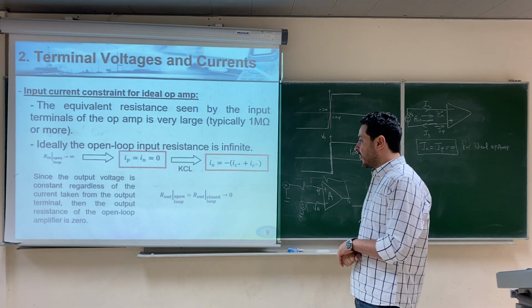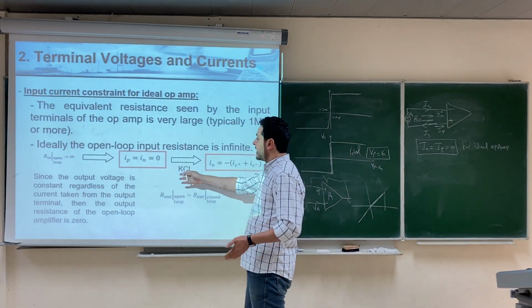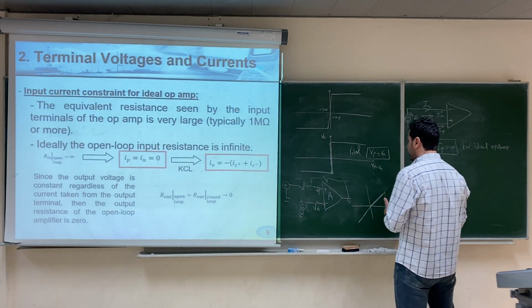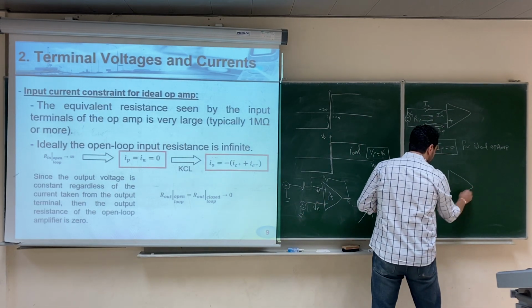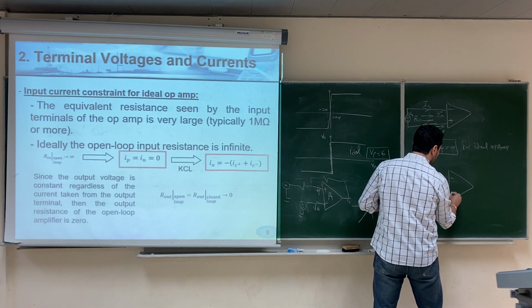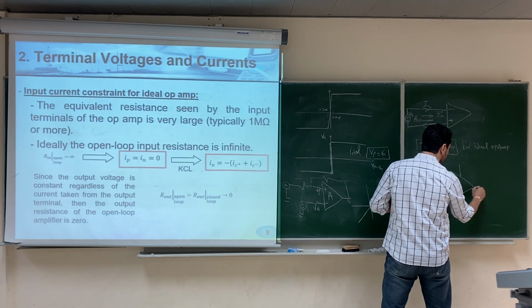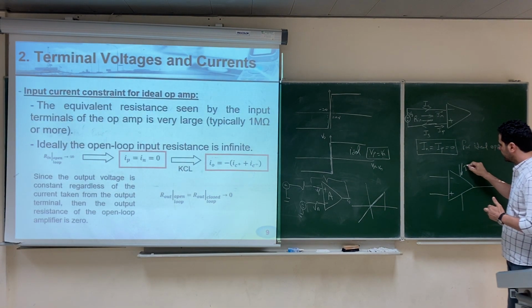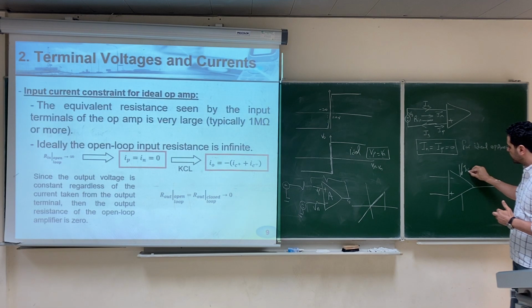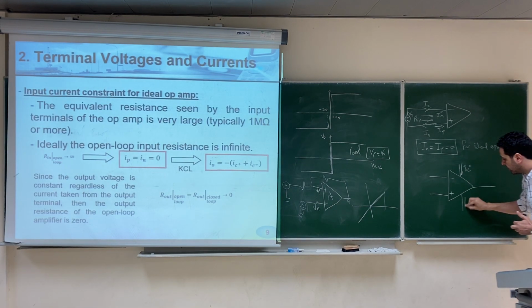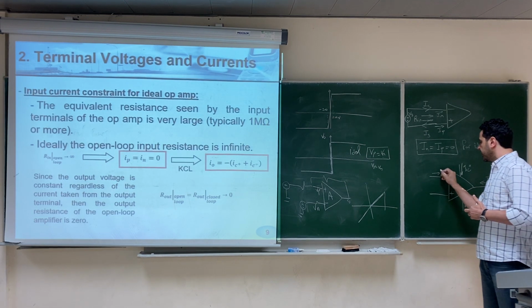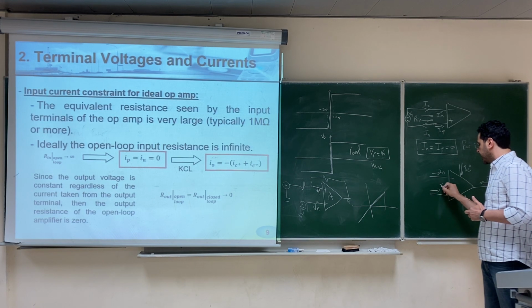ideal op-amp. Of course, if Ip equals In equals 0, then from Kirchhoff's current law, if you remember this shape for the op-amp, we have IC positive, this is the DC current, IC negative, this is the negative DC current, this is the output current, this is In, this is Ip.